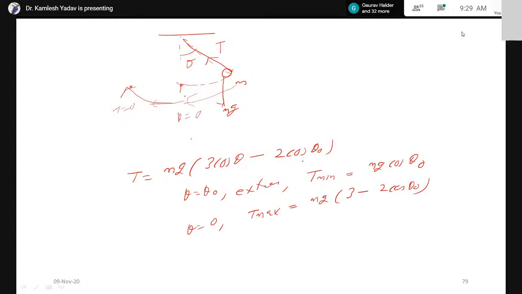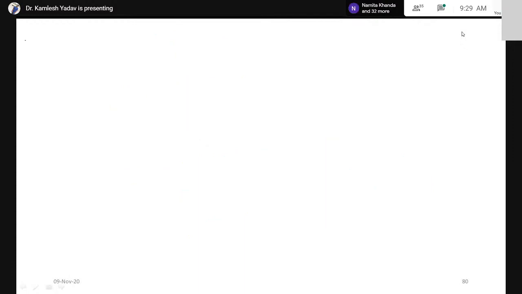Now this we have considered using a Newtonian formulation. Now let us apply the Lagrangian formulation on the simple pendulum. Let us consider we have a simple pendulum. Again, suppose this is the bob and this angle is theta.